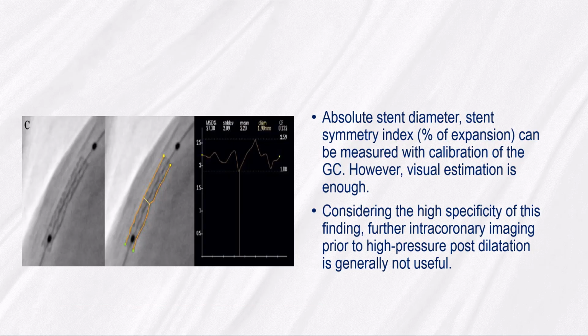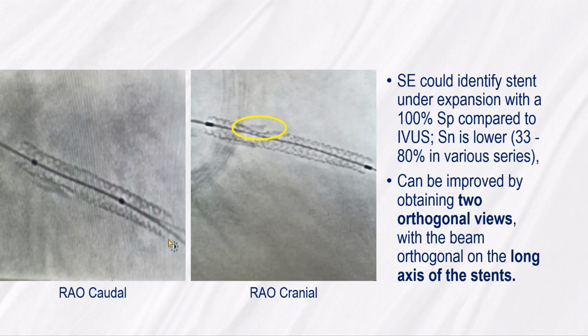Stent diameter and percent of expansion may be measured, yet visual estimation is enough. Due to the high specificity of this finding, there is no need for further intracoronary imaging prior to high pressure post-dilatation. Compared to IVUS, it has 100% specificity, yet sensitivity is low.